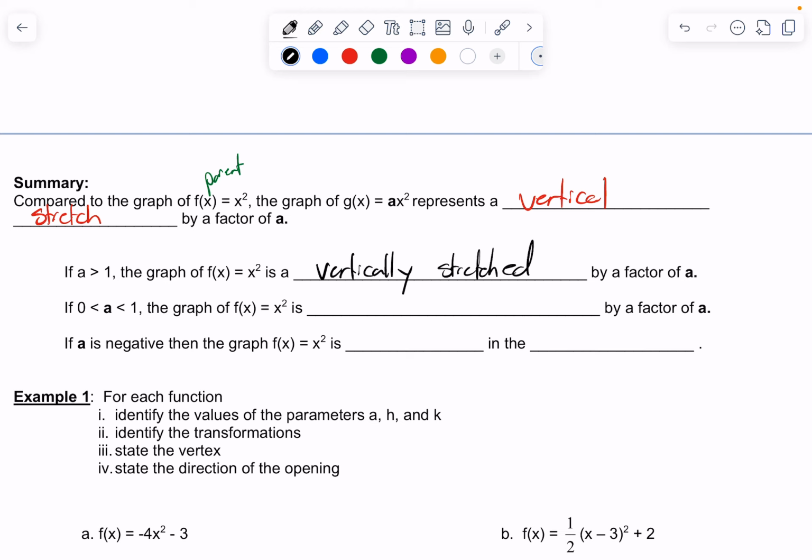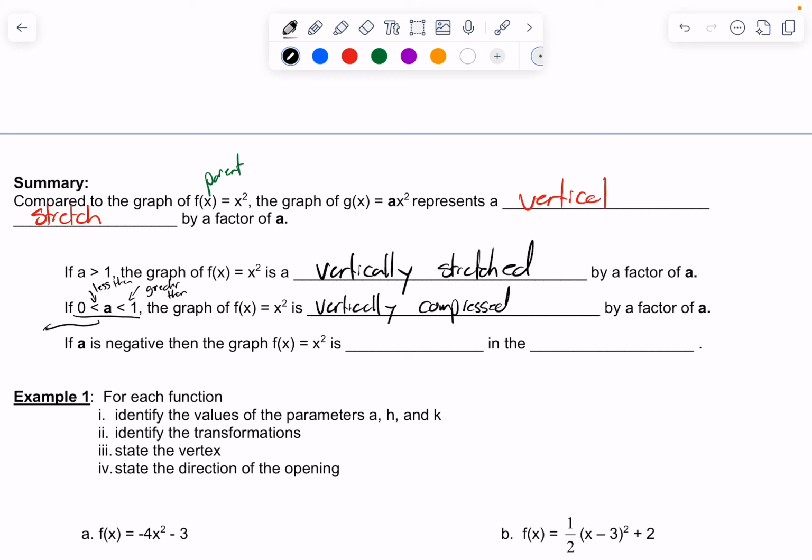If 0 is less than a, and a is less than 1, the graph of f of x is considered vertically compressed. And let's just talk about this for a second.